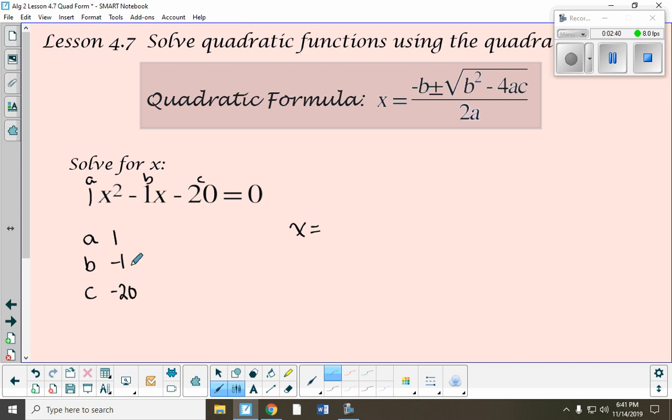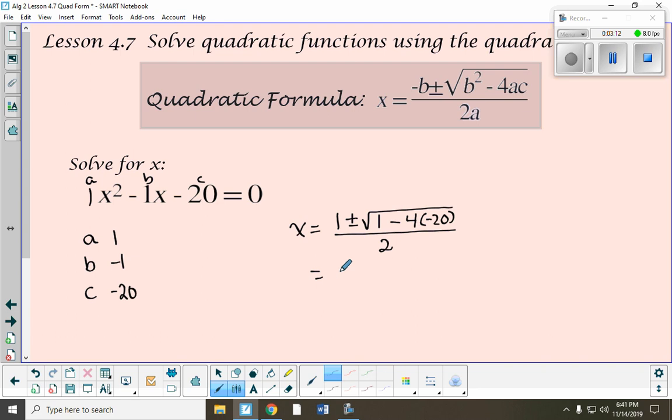Well, b is negative 1, so the opposite of negative 1 is positive 1, plus or minus the square root of b squared. So negative 1 times negative 1 is positive 1. So let's square that before we write it down. And then minus 4, and then we want a times c. Let's just go ahead and multiply those. 1 times negative 20 is negative 20. And that would be over 2 times a. So 2 times 1 is 2.